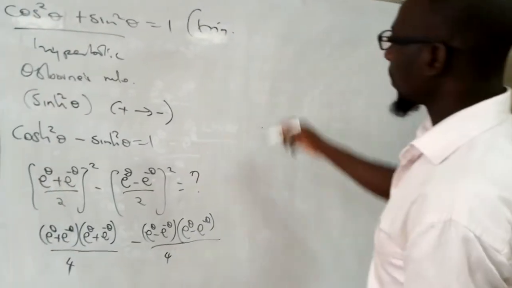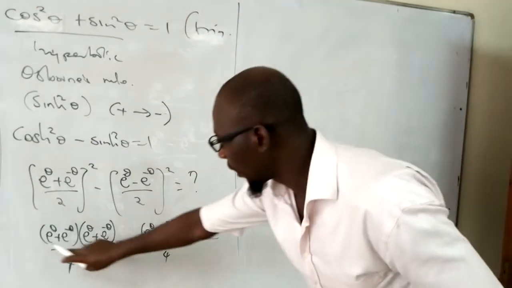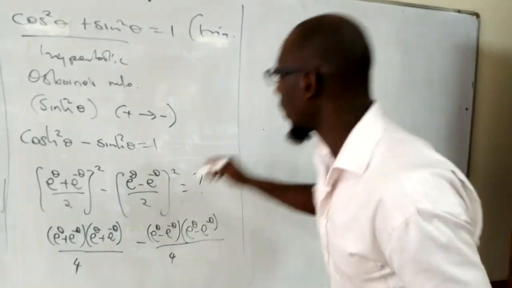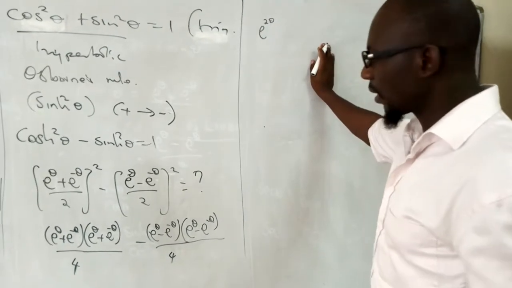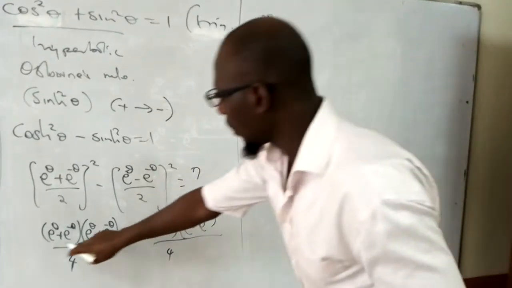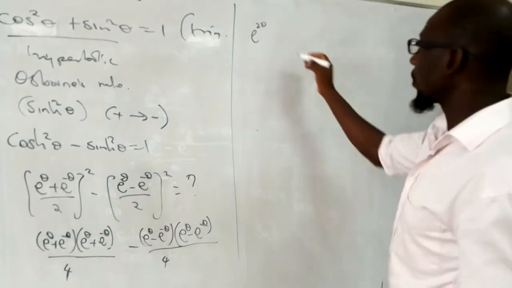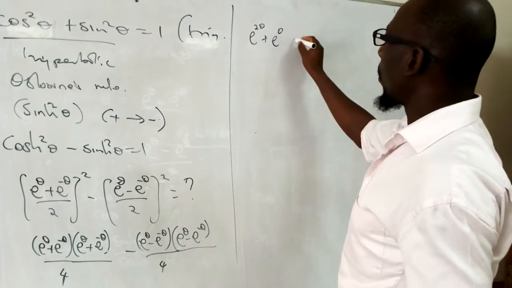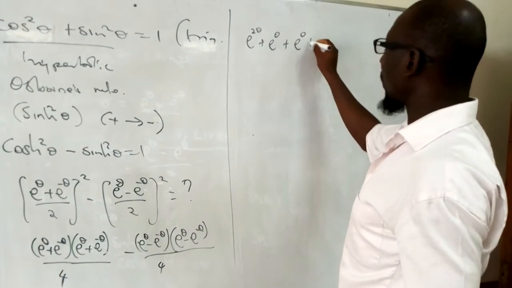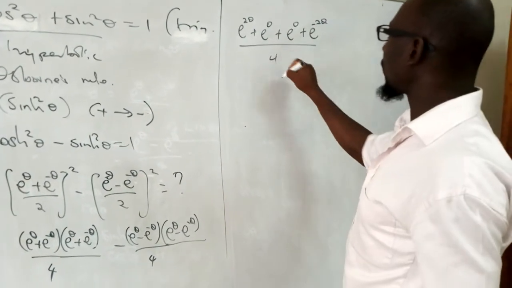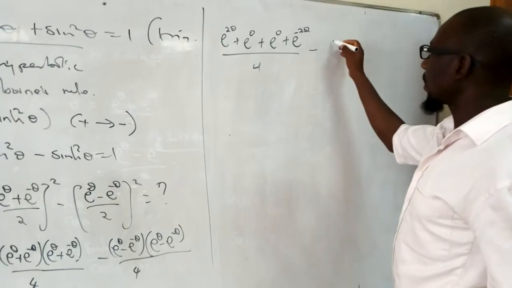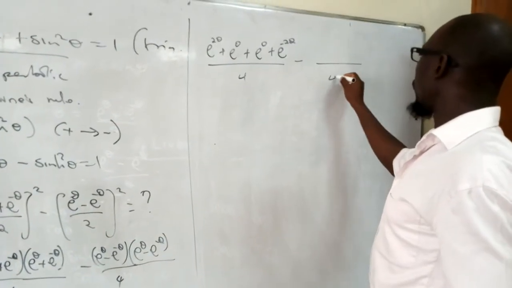If we expand that bracket, this one times this one, that will be exponential of 2 theta. From the power of indices, you just add the indices. Then this one times this one, you sum the indices, becomes exponential of 0, plus exponential of 0, plus exponential of negative 2 theta, everything over 4, minus everything over 4.